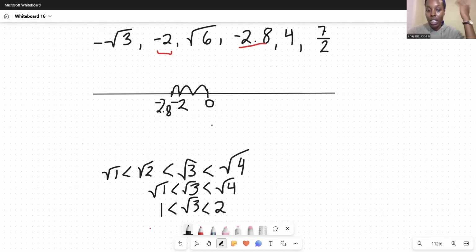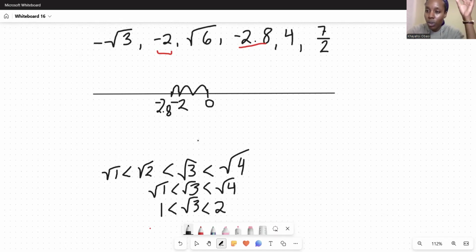And remember we said if the number is greater than the number we're comparing and you multiply by a negative, then it's going to be less than. If the number is less than the number we're comparing, then it's going to be greater than.